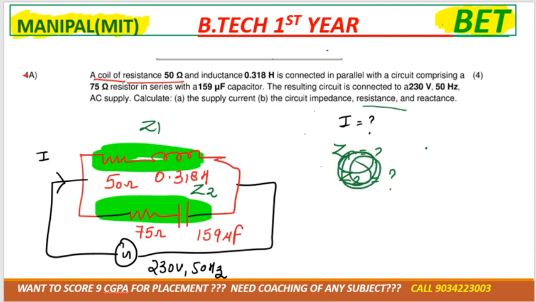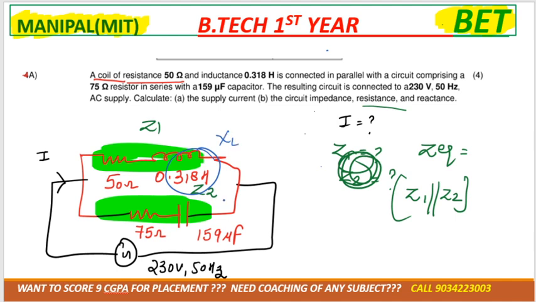Sorry, circuit impedance means basically they are asking Z equivalent. So that would be Z1 parallel Z2. First you need to get XL and then XC. So Z1 is how much? R plus jXL, and Z2 is R minus jXC.